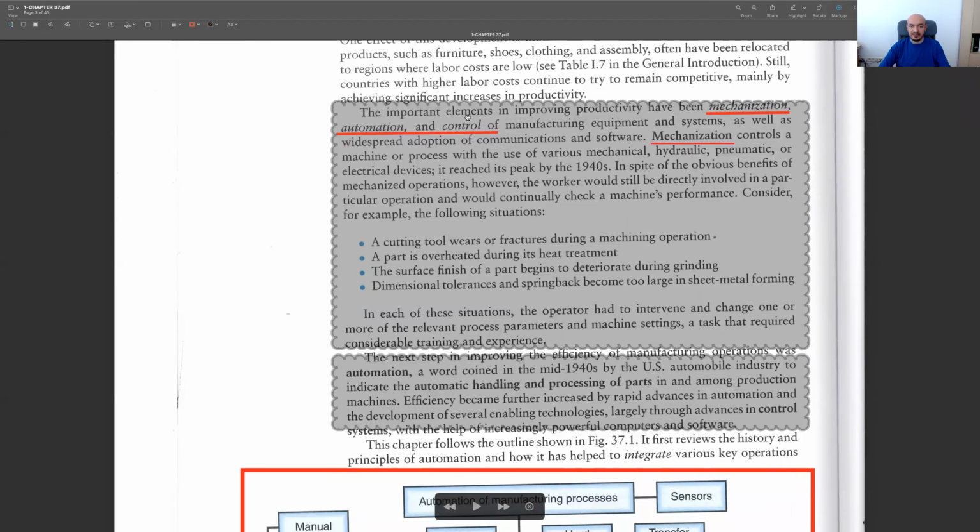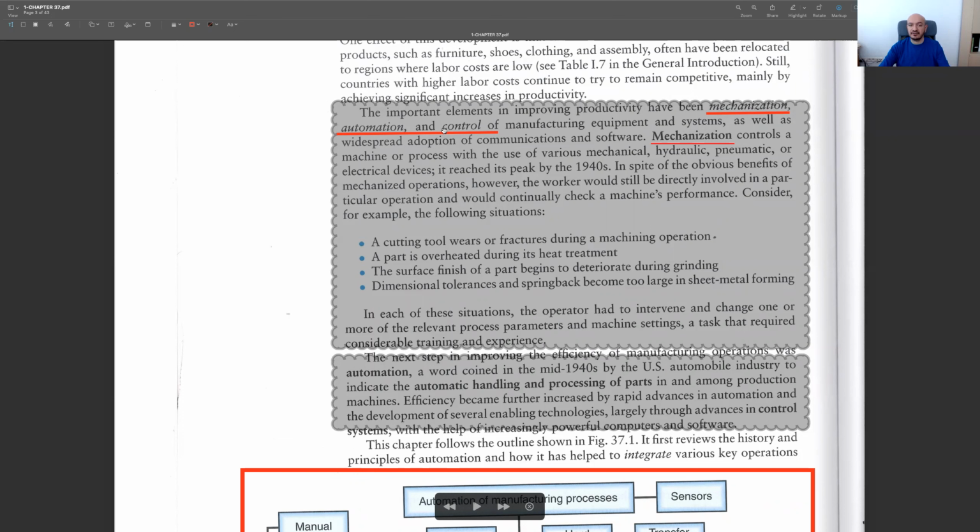Another term here is control. Even though it's automated, sometimes you may not have full control of your manufacturing plant or your machine. By control, we mean that you have some desired inputs and you want your machine to work according to these inputs. If you don't have any control, then it may not be possible.